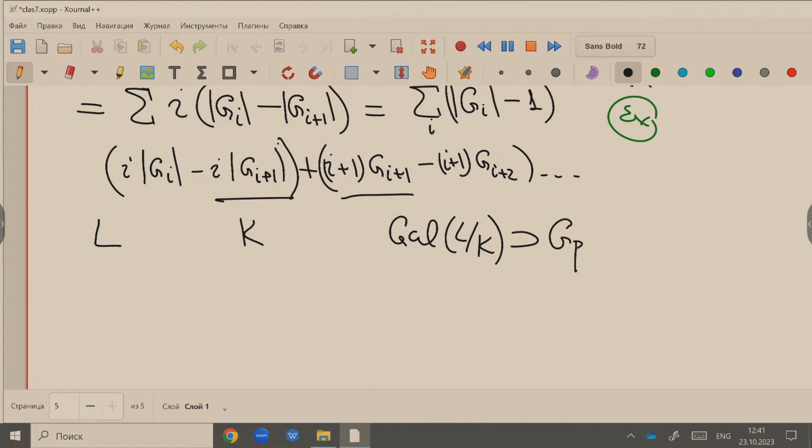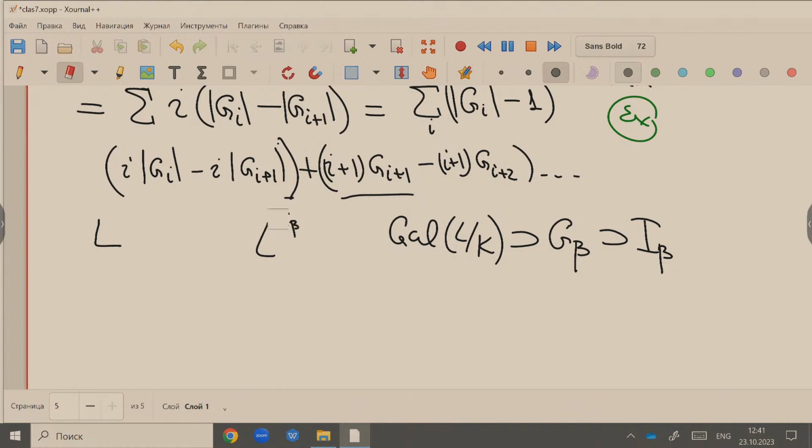Here you have G of beta, here you have I of beta, and you can consider intermediate extensions here. With respect to these subgroups, we get L^{G beta} and L^{I beta}.